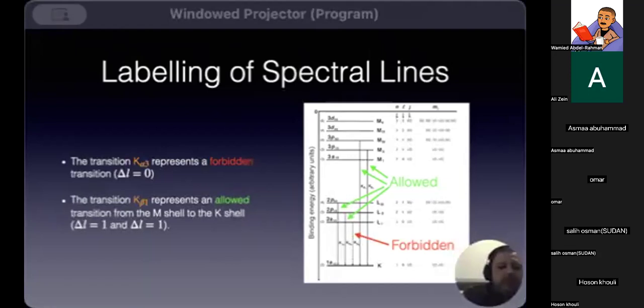But it is a forbidden transition. Forbidden, I think, means that it's very unlikely to happen. It can happen, but it's very unlikely. Now we have K beta 1, which, as I mentioned, represents an allowed transition from the M shell to the K shell.